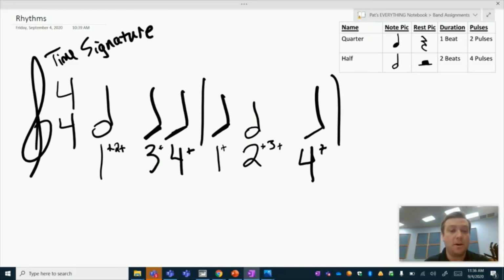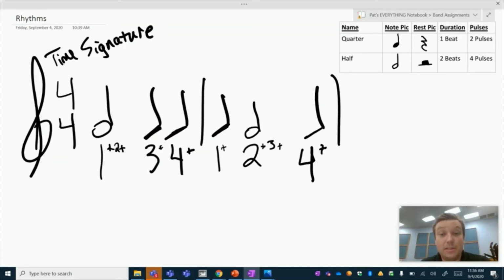Here we go. 1, 3, 4. 1, 2, 4. How'd you do? Let's try it again. See if you can do better. 1, set, and here we go. Tap your toe. 1, 3, 4. 1, 2, 4. All right.